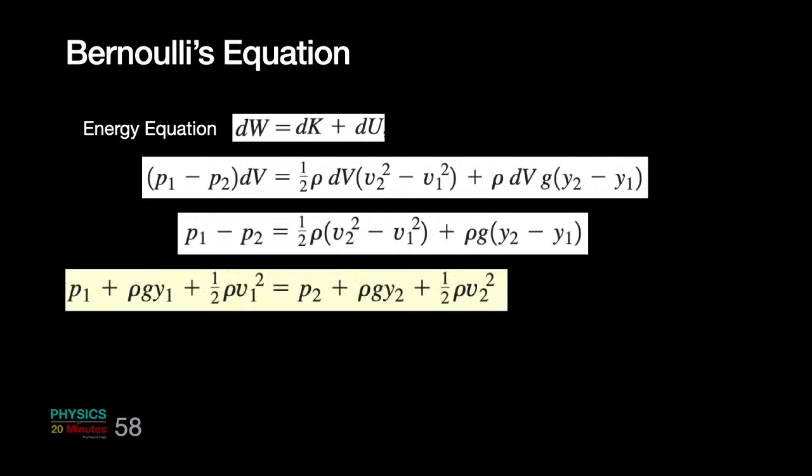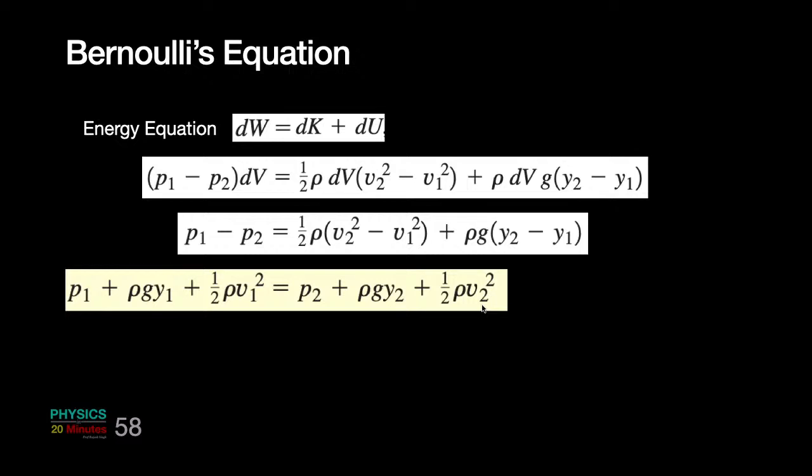Once I segregate my terms, I will get all the terms written over here with one suffix: pressure at point 1 plus potential energy at point 1 plus kinetic energy at point 1 has to be equal to pressure at point 2 plus potential energy at point 2 plus kinetic energy at point 2.